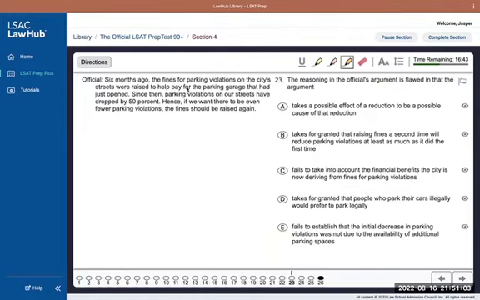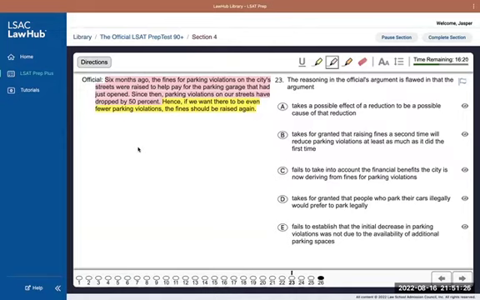So we've got to correctly identify the conclusion, which I suspect is the last sentence because it starts with hence. And we want to identify the support, which I suspect is the first two sentences. If I have made an error there, I can correct it when I actually read through the paragraph.